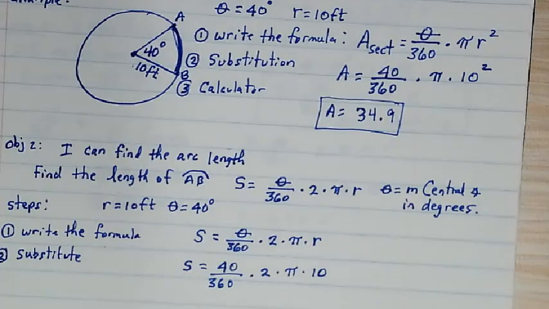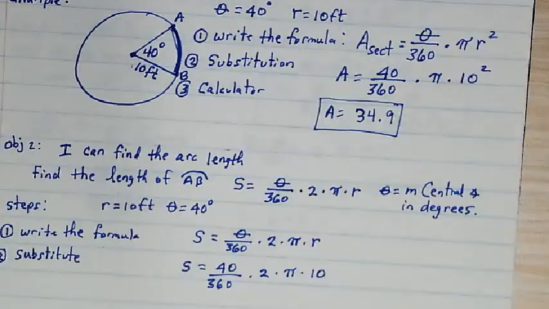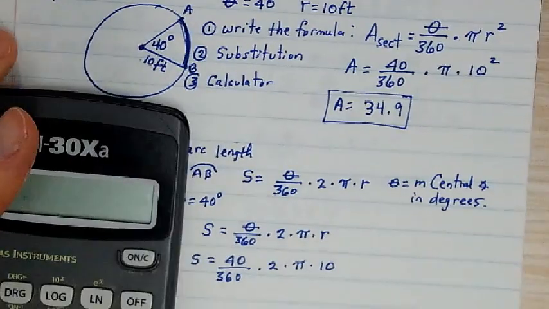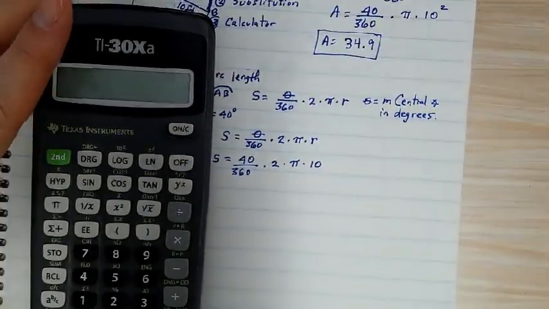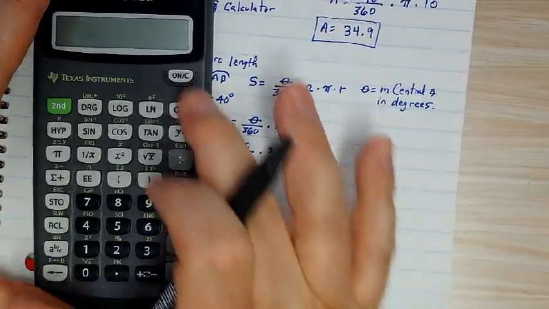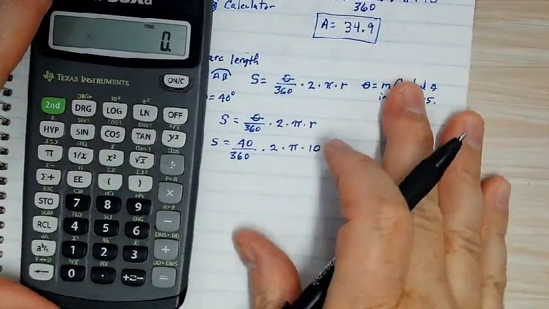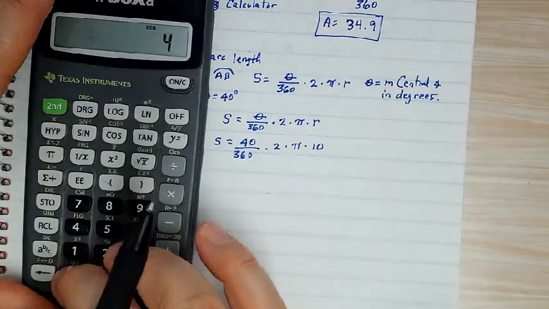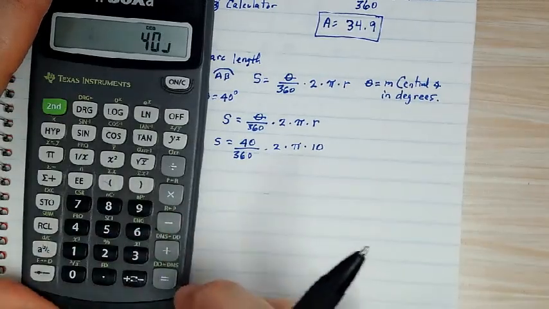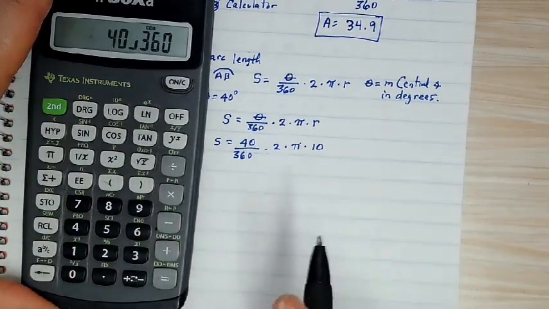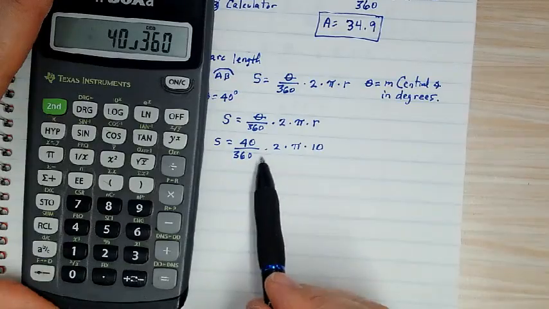So you're going to grab your calculator. Somebody took my calculator. So we grab the calculator. And as you know, we're going to start with 40, hit the ABC button, put in the 360. Now we're going to multiply that times 2, so we go times 2.